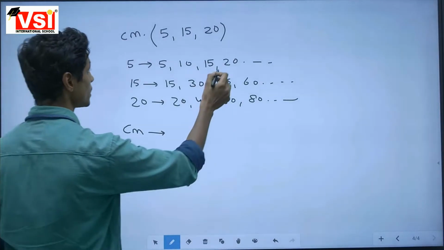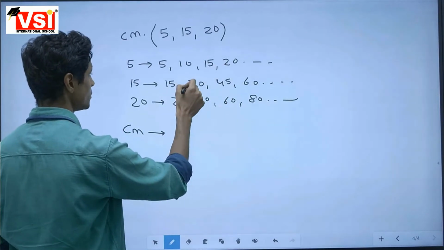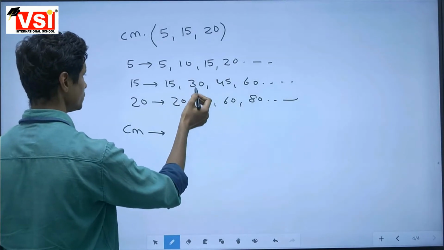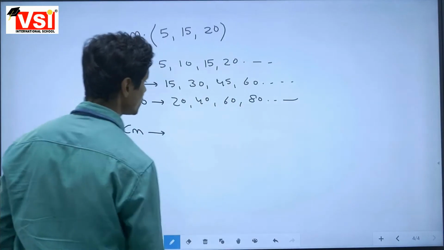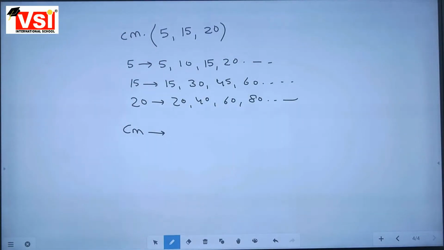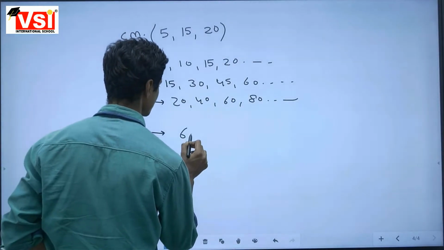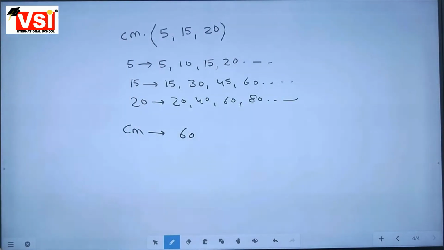But 20 comes in 5 and 20, but it doesn't come in 15. 30 also. So if you go on finding in this same manner, you will get 60 as the answer. 60 will be the first common multiple among these three.